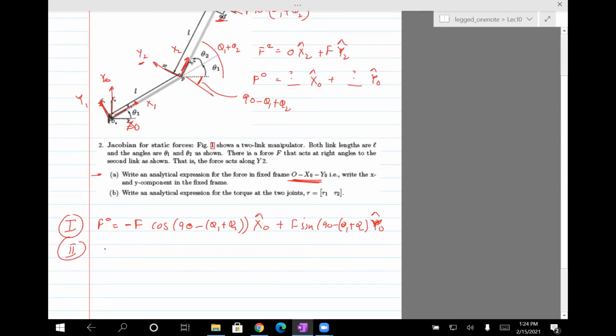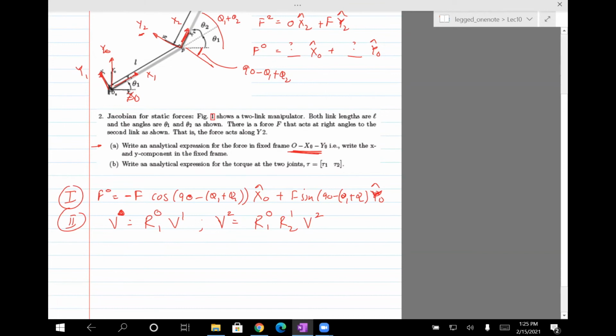If we have a vector in frame 1, and you want to find how it's related to the vector in frame 0, then you just do r1 0. And then if you want to find the vector in frame 2, then you just do r1 0, r2 1, v2, and so on.